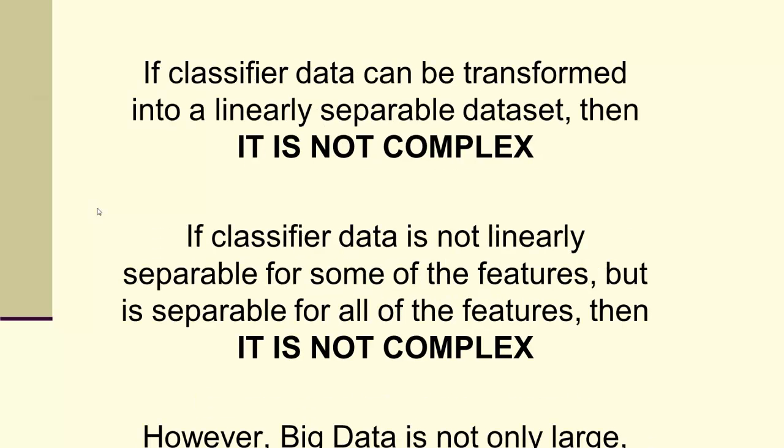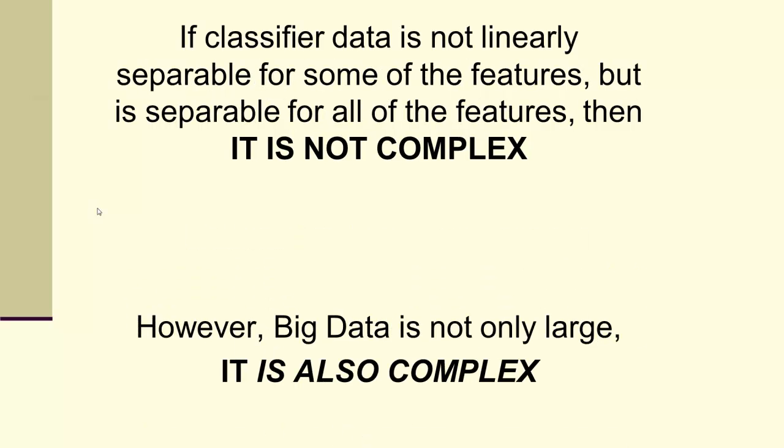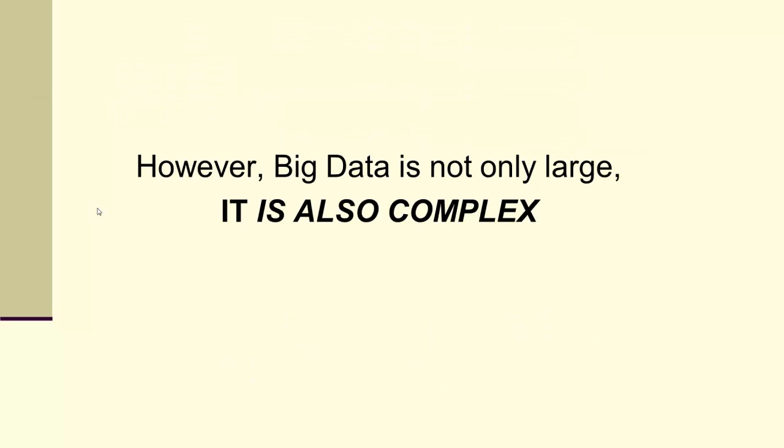If it can be transformed into a linearly separable data set, then it's also not complex. If the classifier data is not linearly separable for some of the features, but it is separable for all of the features, then it is not complex. However, big data is not only large, it is also complex.